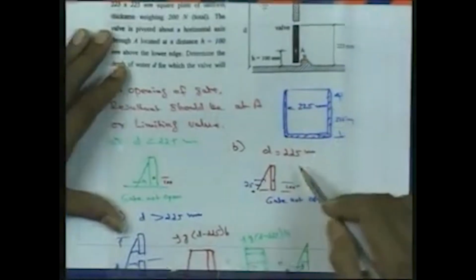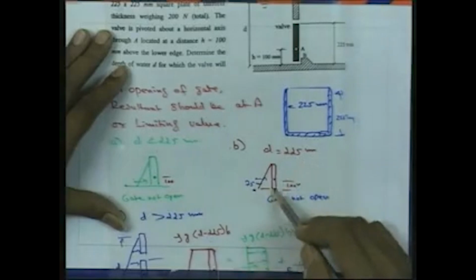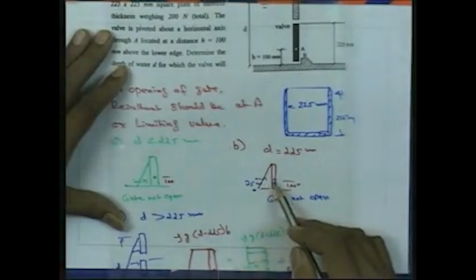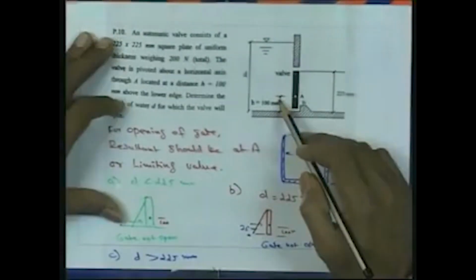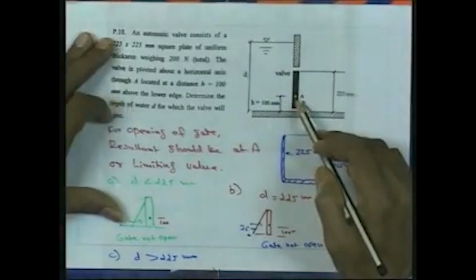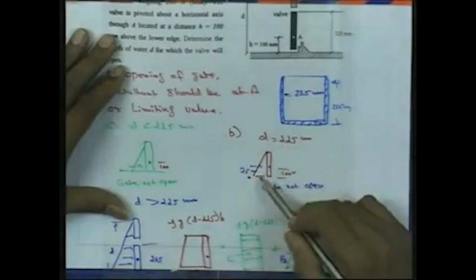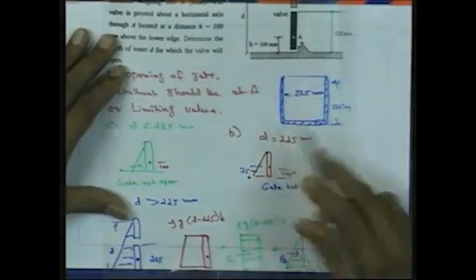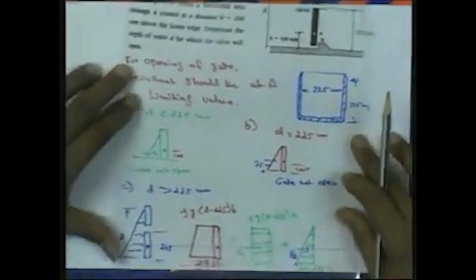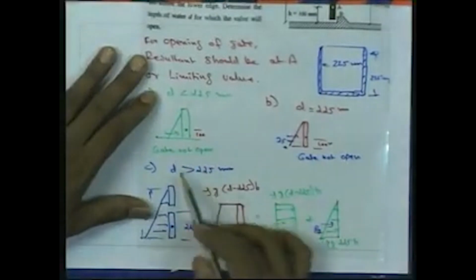For the limiting case, it will be 225 by 3 from the bottom surface, which is 75 millimeter. This 75 millimeter is again less than the height h where the pivot A is located. Since d by 3 is 75 millimeter, less than 100 millimeter, in this case also the gate will not open.